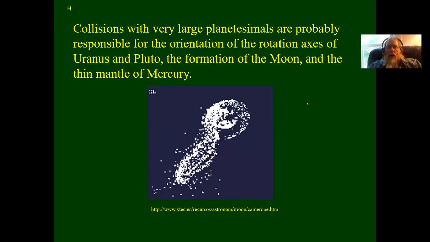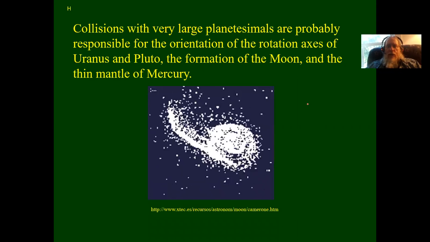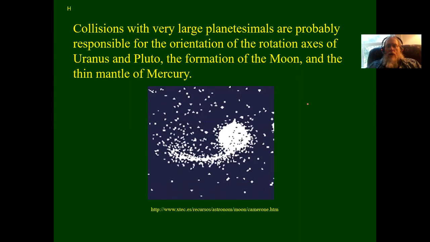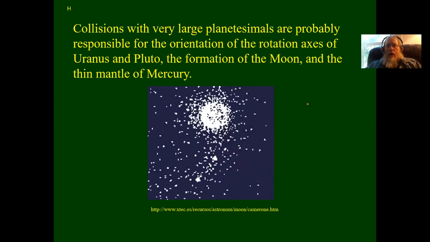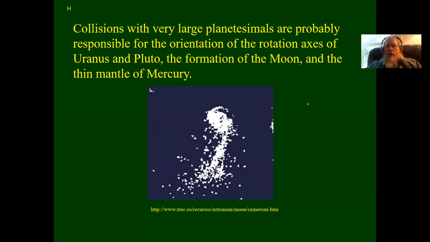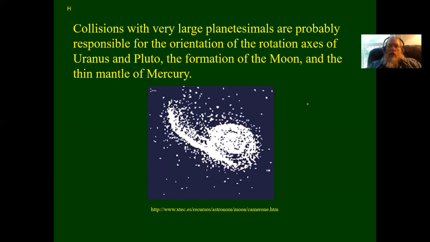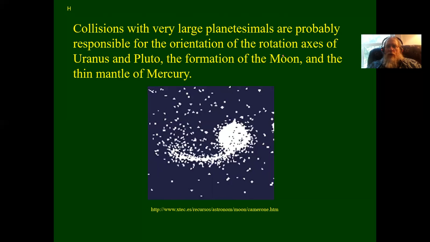So, first off, it seems that near the end of planet assembly, you're going to have a number of pretty big collisions. Some examples of that are, and I'm including Pluto here, even though it's no longer officially a planet.